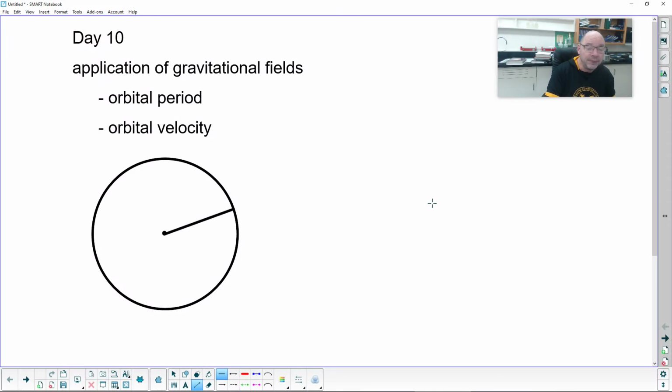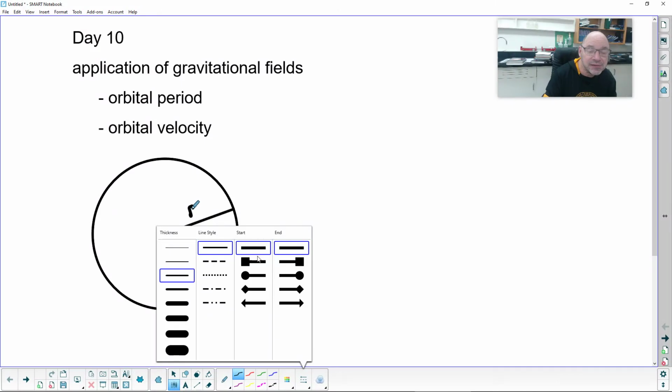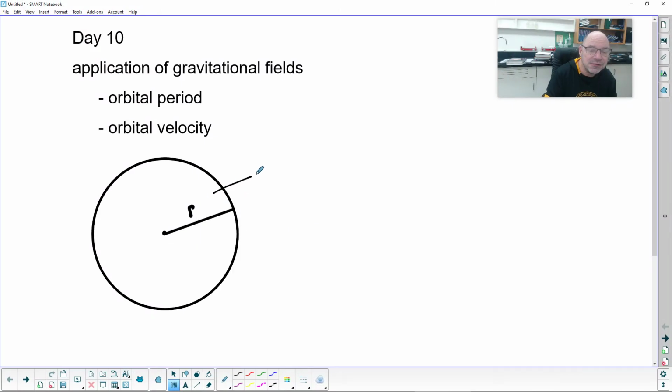We have this radius here in some circular motion. We're going to have some object here. Say it has some velocity as it's going around in the circle. We'll call it V.